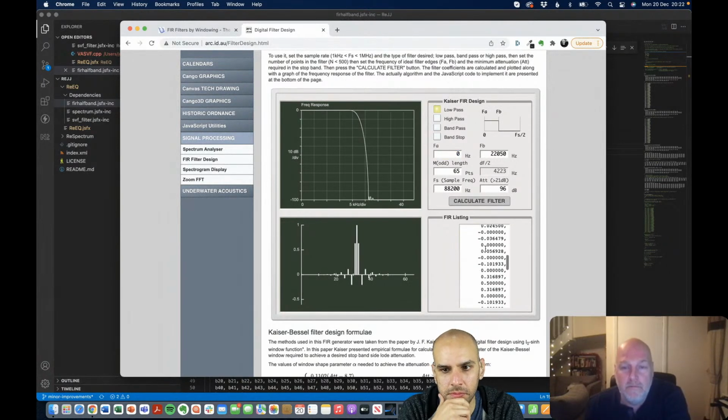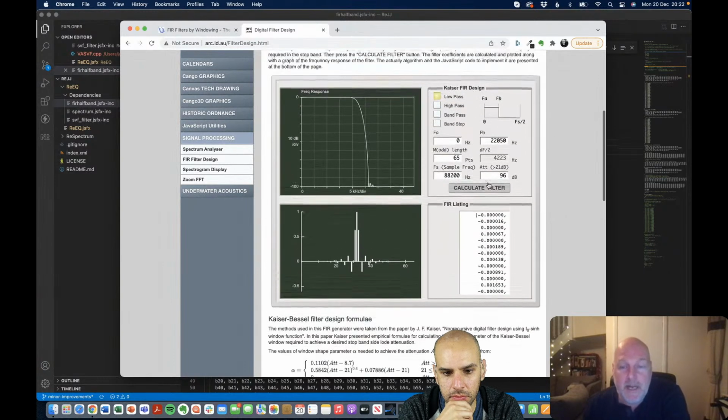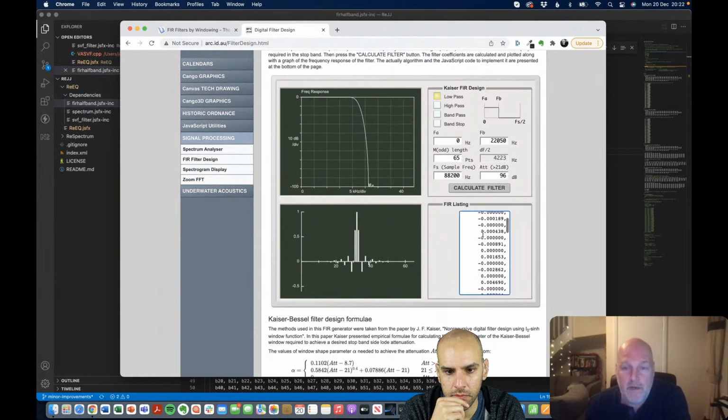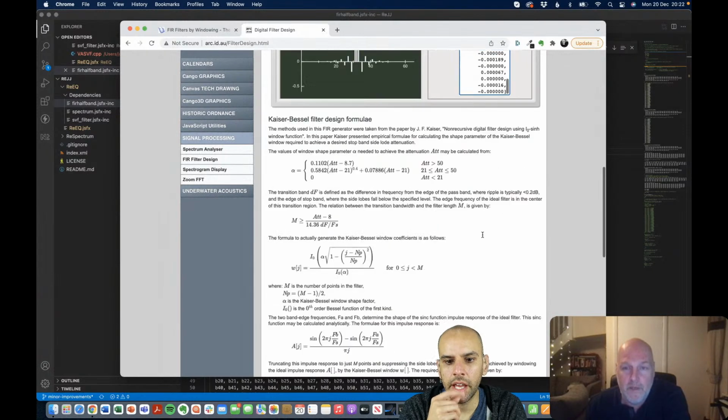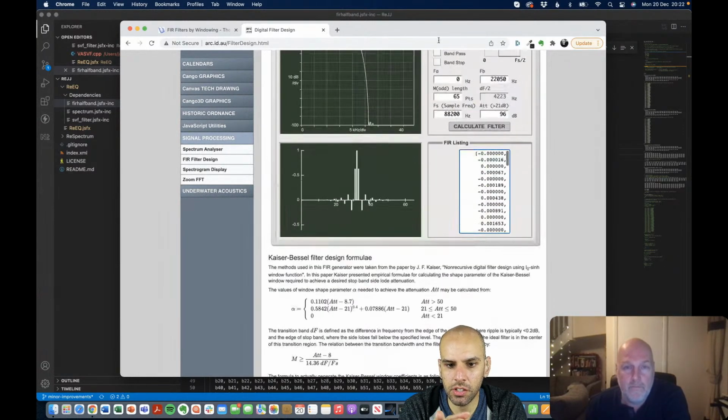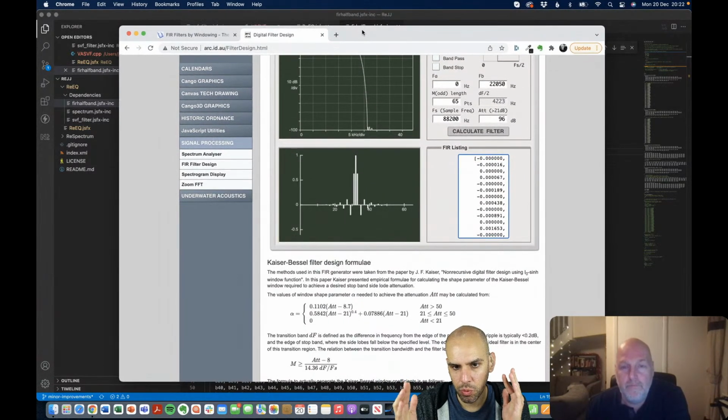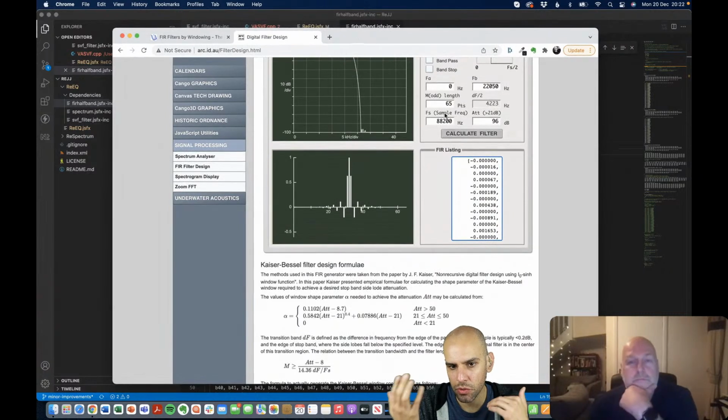So what this filter designer kicks out, once you've designed the kind of filter that you want, is these FIR coefficients. Let's talk about some of the other input parameters like M. M is the size of your window. There is a trade-off between the quality of the filter and the number of samples.